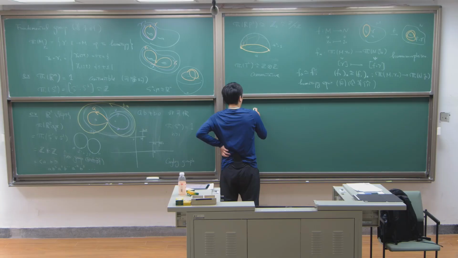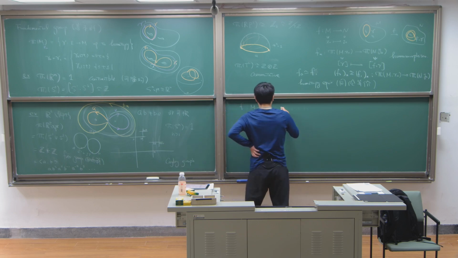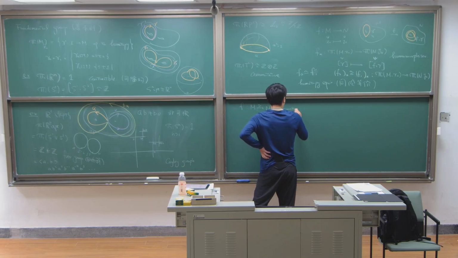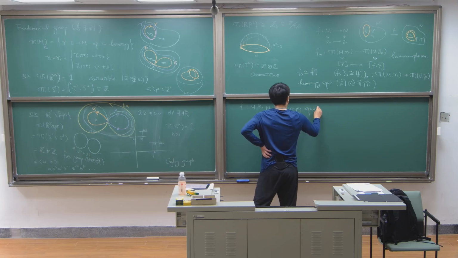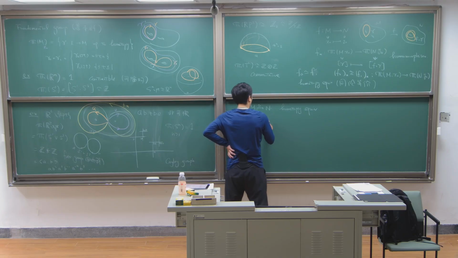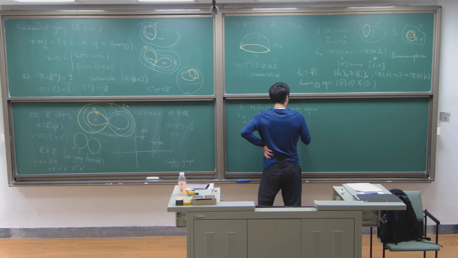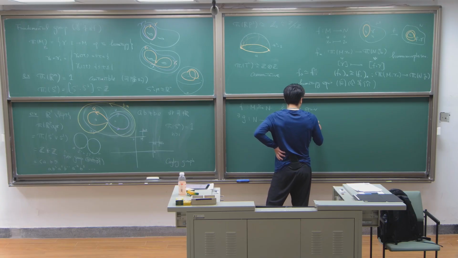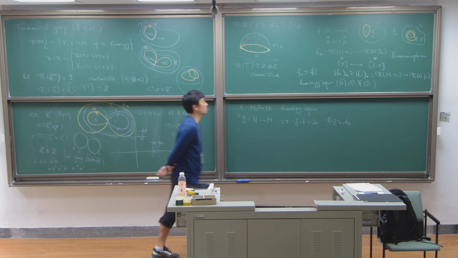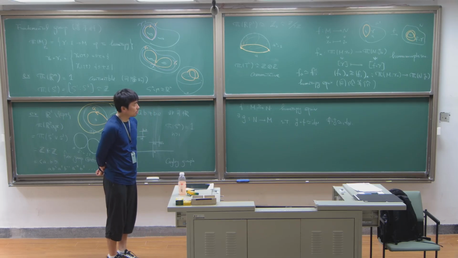In particular, for homotopy equivalence, this means that there exists g from N to M such that f and g compose to the identity up to homotopy.